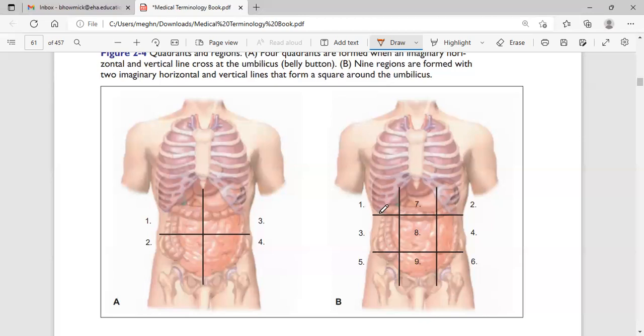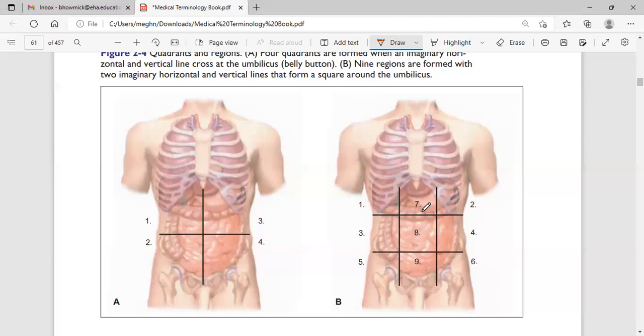You see the ribs, under the cartilage of the ribs. And the left hypochondriac, this area, is the upper left region located under the cartilage of the ribs, but on the left side. This one is the right lumbar area, the middle right region located near our hip bone, in between the right hypochondriac and right iliac regions.